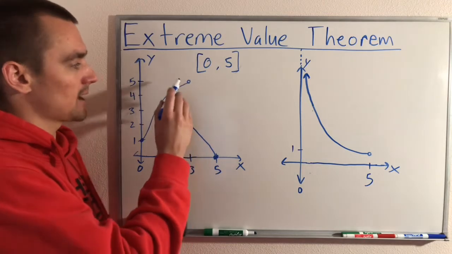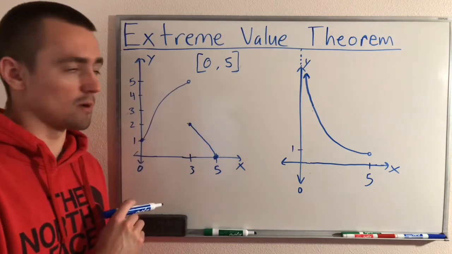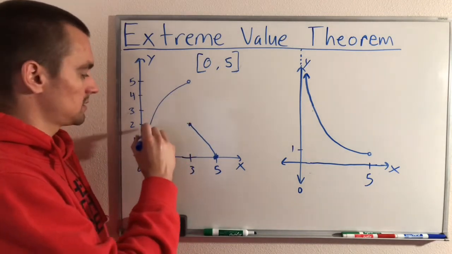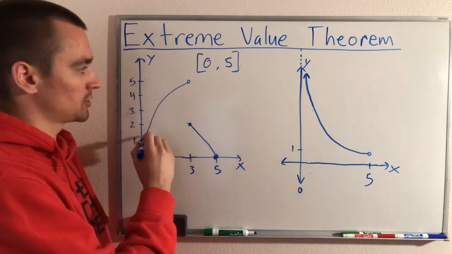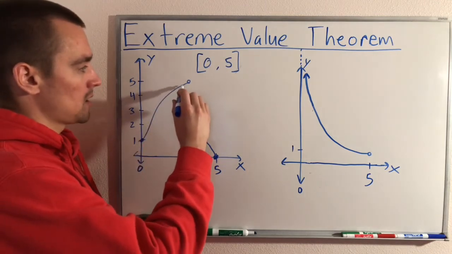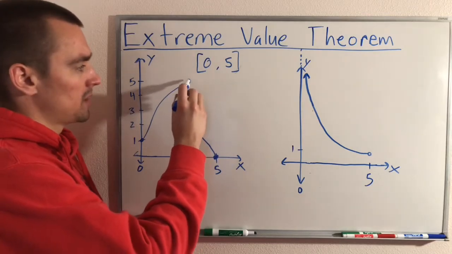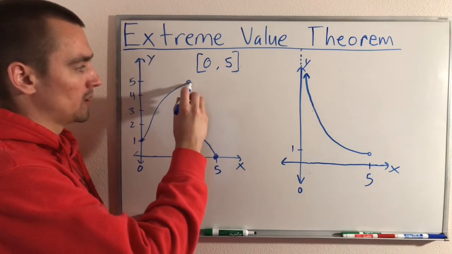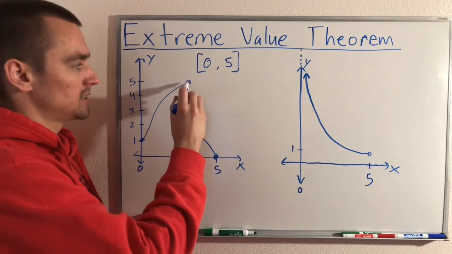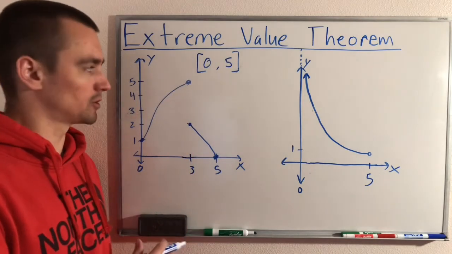But this function actually does not have an absolute maximum because this portion of our function is going up and up and up. It seems like whatever's at the end of this would be the highest point, but this is actually an open hole. So this point right here is actually not included on our function.